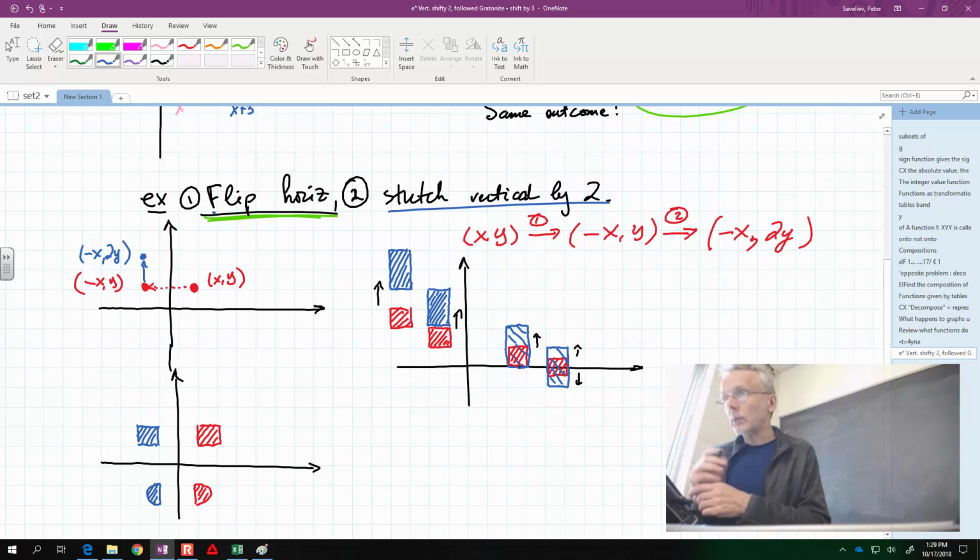Okay, so one more flip. What if my object lies on or touches or crosses the y-axis? Let's say, how about this?